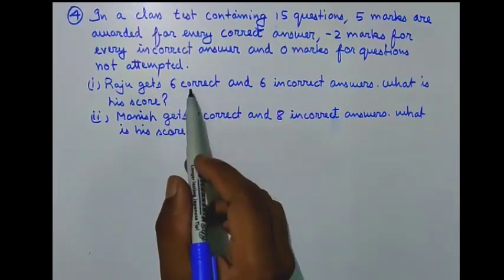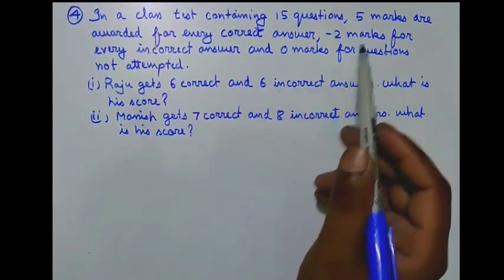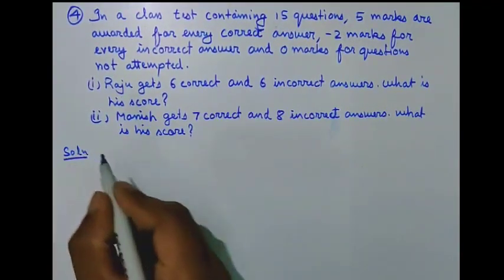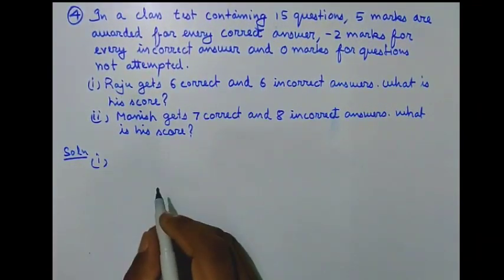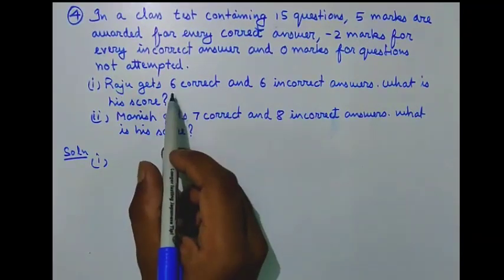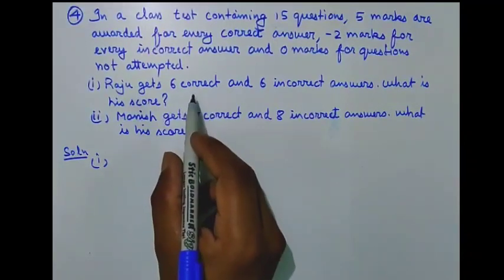So he got 6 correct, and each carries 5 marks. Let's find Raju's score. So he gets 6 correct answers.